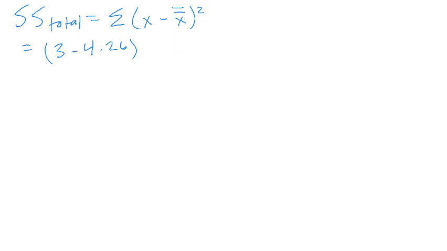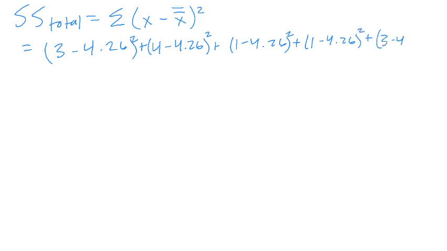All right, so this is the hardest part of the ANOVA. It's not the math. It's making sure you have enough space for all of your calculations. So we're taking 1 minus 4.26, 1 minus 4.26, and of course we're squaring all of these. Then lastly, for our first group, there we have it.